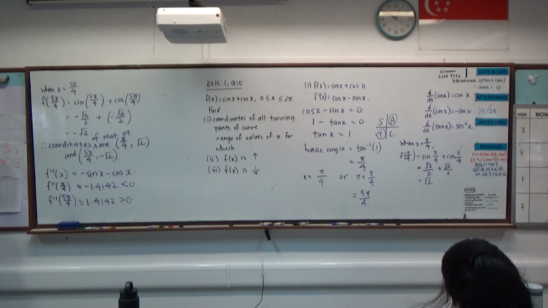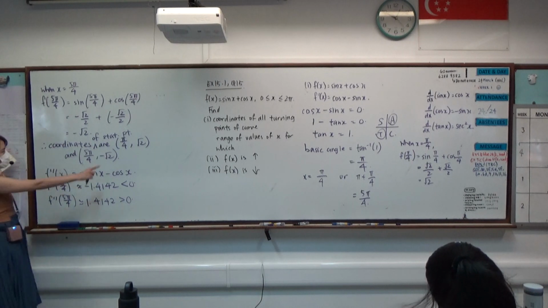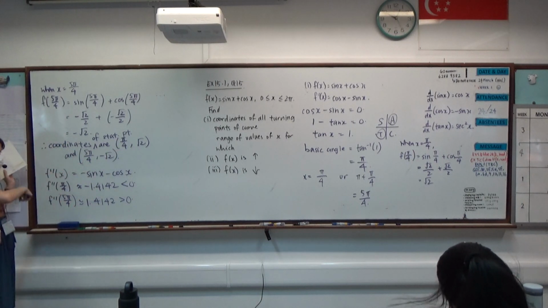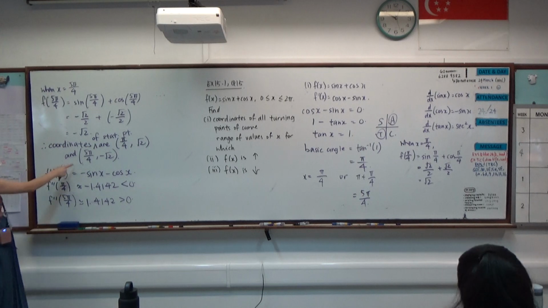So when x is pi over 4, this is going to be a maximum, while this is a minimum.